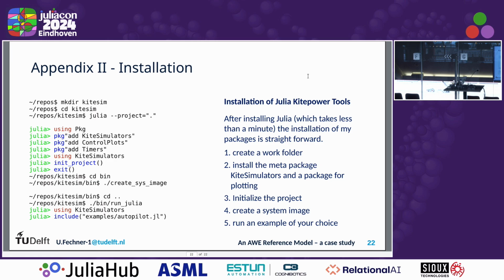It's mainly PID control with nonlinear dynamic inversion, so it doesn't use any advanced controllers. There is another simulation package for these types of airborne wind energy systems that uses optimal control. I still want to look into it, but I did not find the time yet.